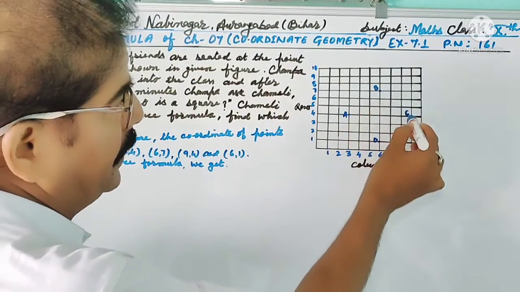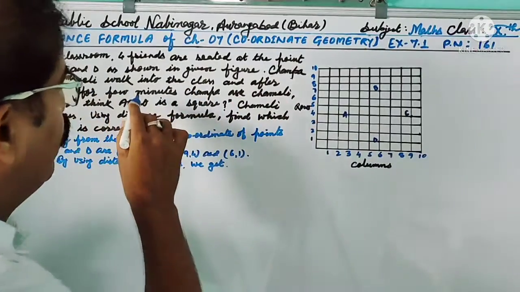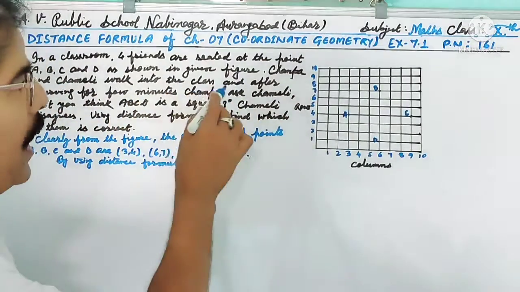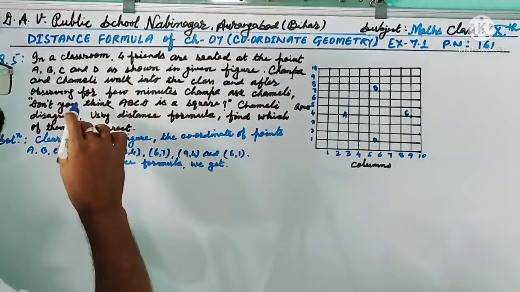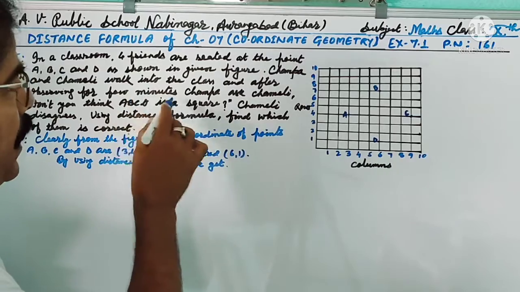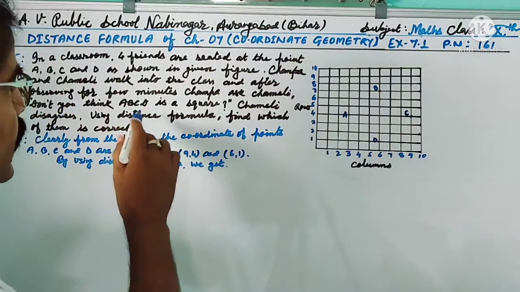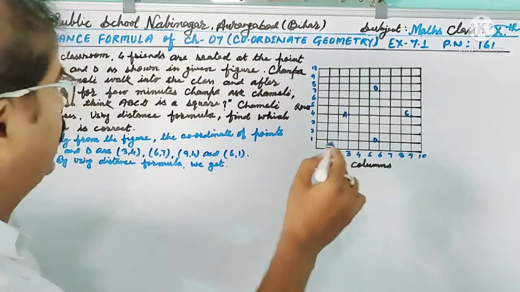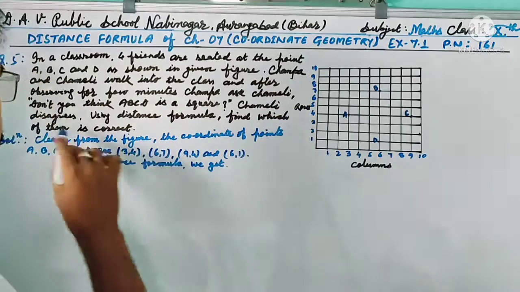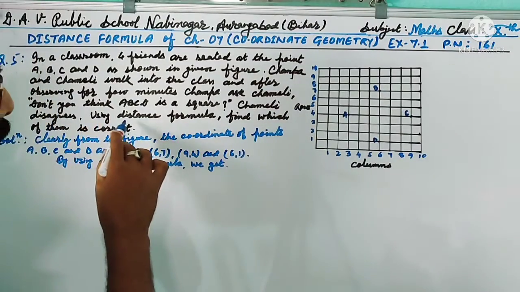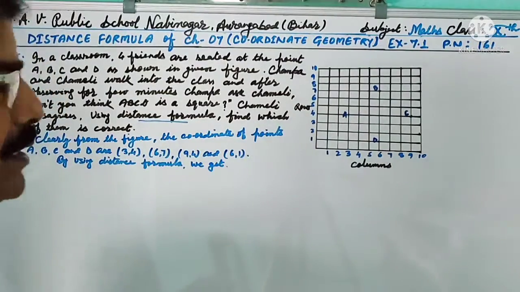Champa and Chameli walked into the class and after observing for a few minutes, Champa asked Chameli, "Don't you think ABCD is a square?" Chameli disagreed. Using the distance formula, find which of them is correct.